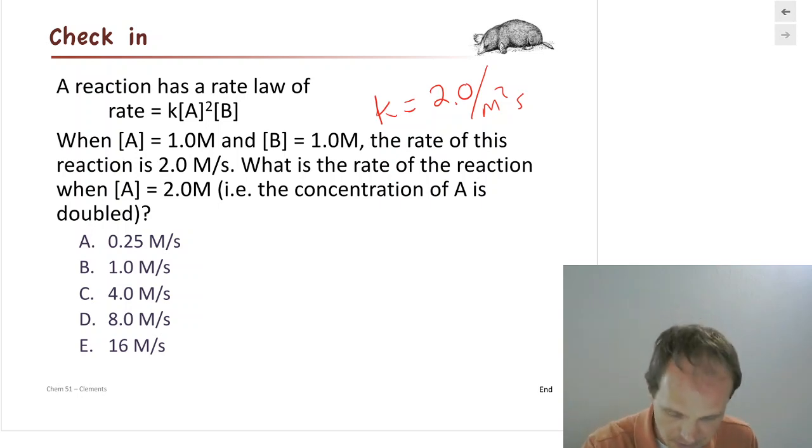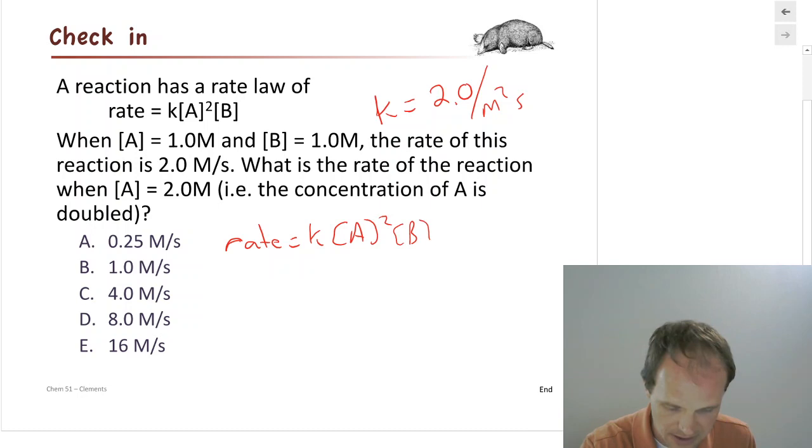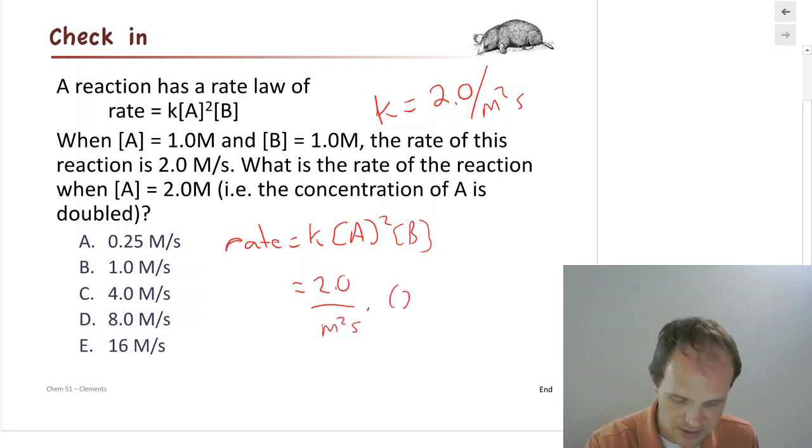Well, the rate is equal to K, A squared B. Yep, so we've got A squared B. That's going to be K, well, we've got K, 2.0 per molar squared second. A is 2.0 molar squared, right?